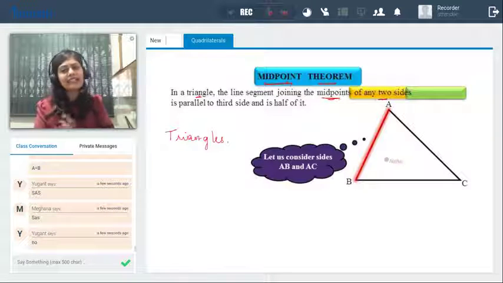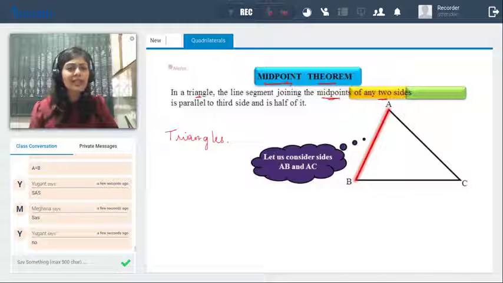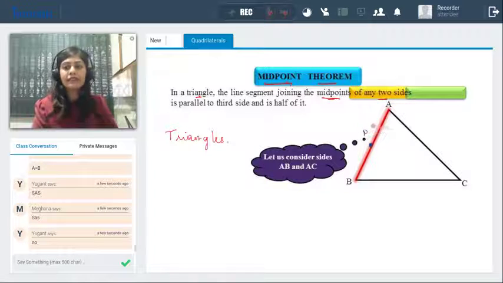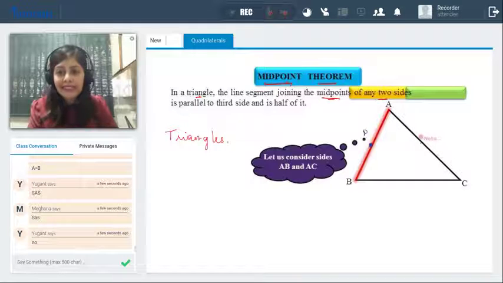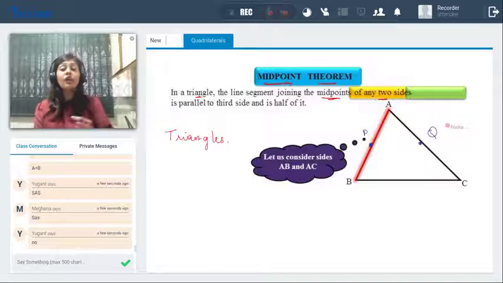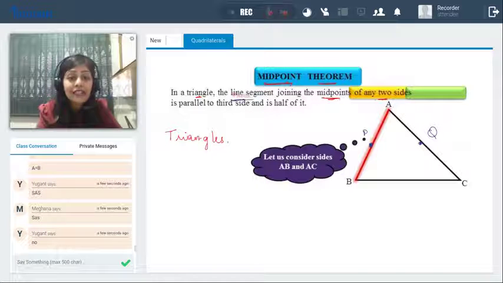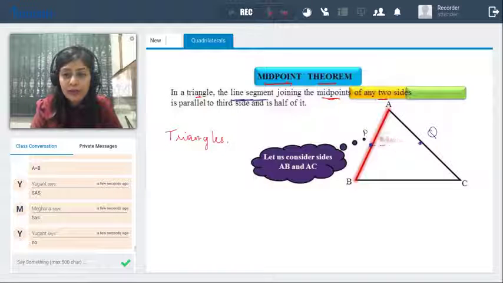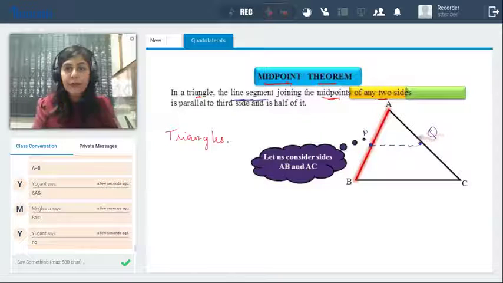Can I take those two sides as AB and AC? So the midpoint of AB is P, and the midpoint of AC is Q. Now what does it say? A line segment joining the midpoints. That means we need to join these two midpoints. So I have joined the midpoints.